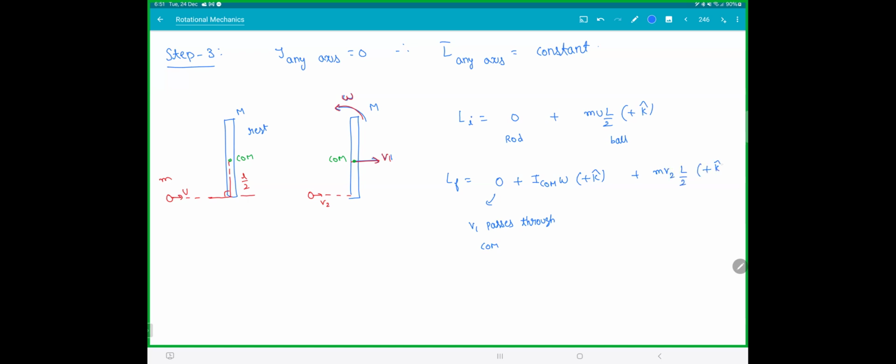That is also plus k cap. Then L initial is equal to L final. So you end up with mu L by 2 is equal to, for the rod, ml square by 12 omega, plus mv2 L by 2. This is your equation 3. 3 equations, 3 unknowns, so you'll get the answer.